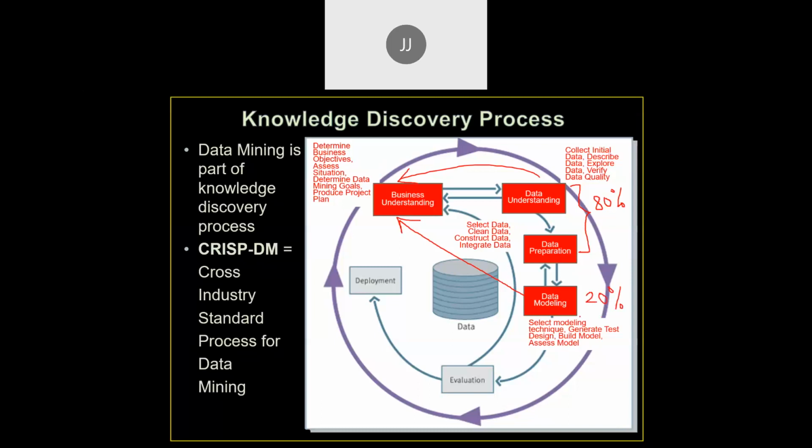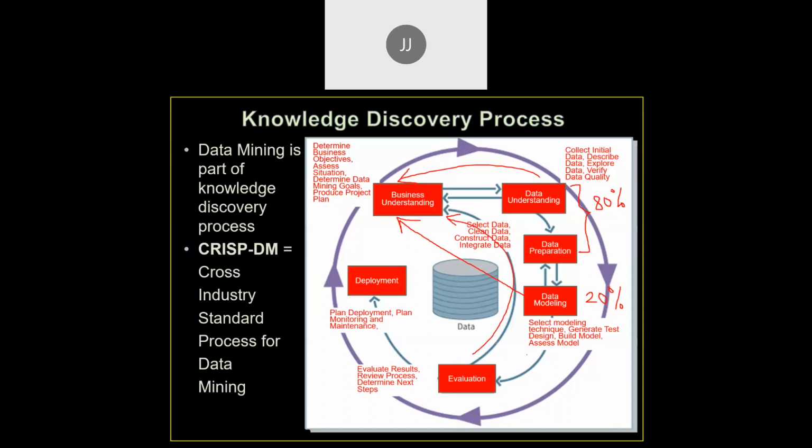Whatever method we apply here, we will then evaluate how effective and how accurate it is. So we will perform evaluation here. If we are not satisfied, then we have to go back and look at the objective, and then look at our data and so on. So this is a cycle.